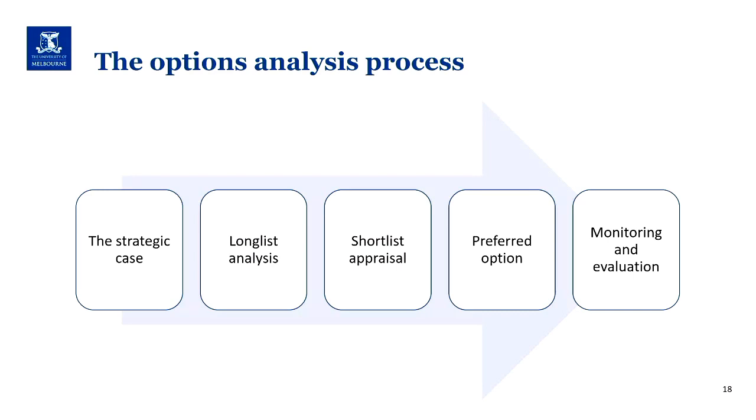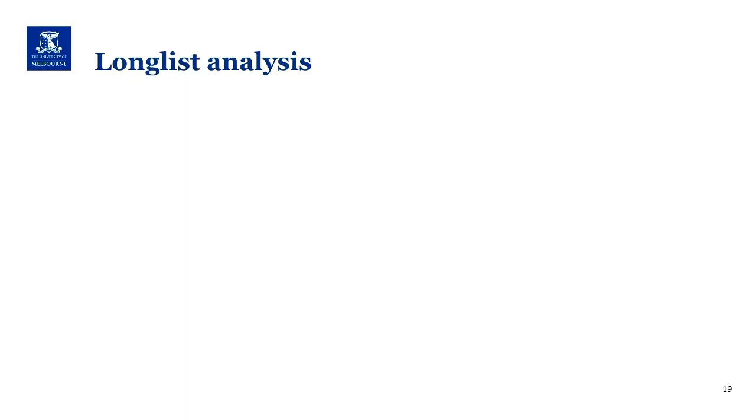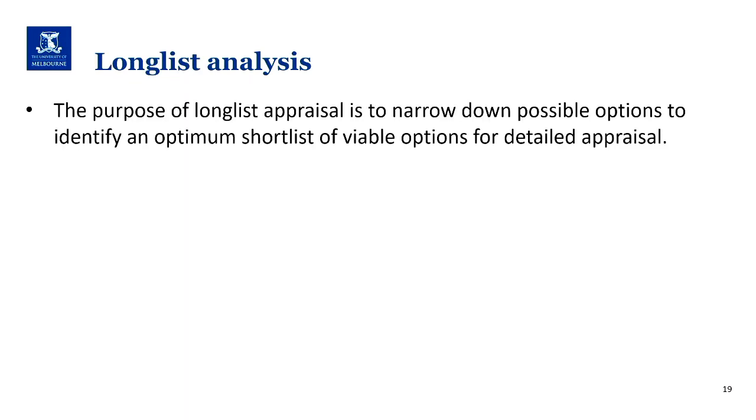Then you need to monitor and evaluate how that solution is performing. So how do we do this? Well, this is what we're going to talk about. You have the long list analysis, right? The purpose of this long list analysis is to go from the long list to the short list. And all the short list options have to be viable options, okay?